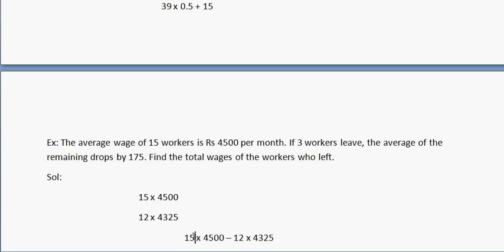Just break this 15 into 12 into 4500 plus 3 into 4500, right? Now we know that the difference is 175, so we can just replace this as 12 into 175 and this is 3 into 4500, and just calculate and find the total wages of the workers who left.